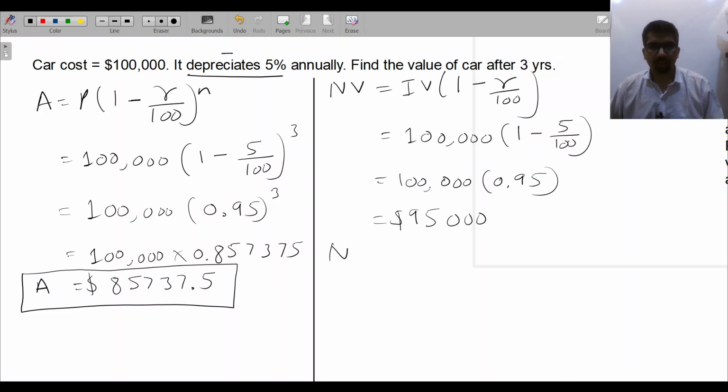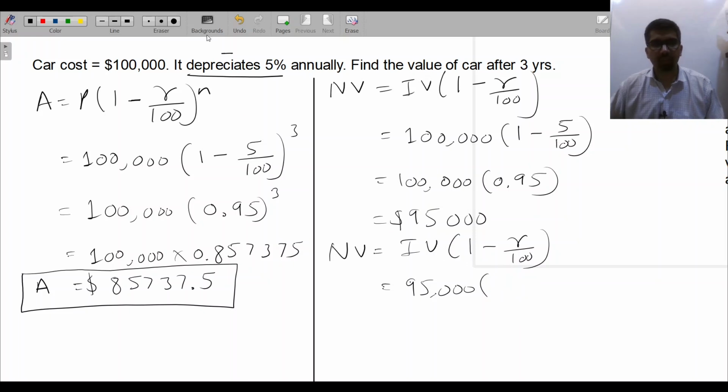Now for second year, let's find the value of the car in second year. Formula will remain same, only IV will change. I'll do directly this time. I hope you are getting the concept. This multiplication value will remain same because it's just a number.